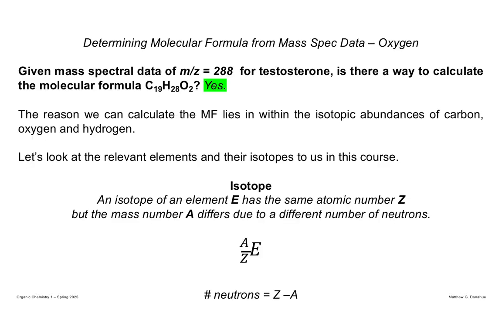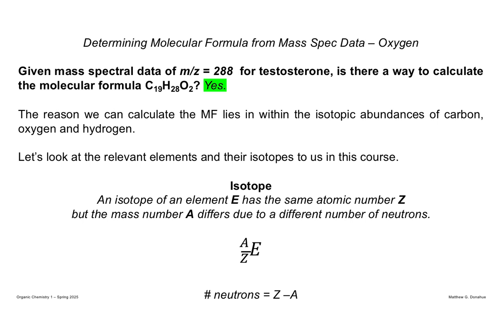So we had left off talking about isotopes. Isotopes are going to be important for us in understanding the way that mass spec data looks, and then we can use that to our advantage to determine the molecular formula from the data that it's giving out.